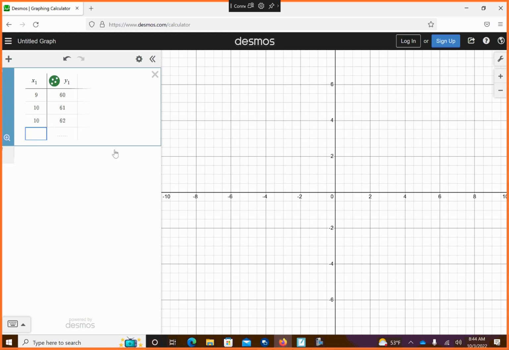Let's see, size 8, 56, size 7, 54, and size 8.5. Let's go with 62.